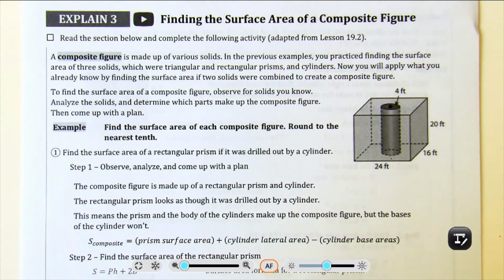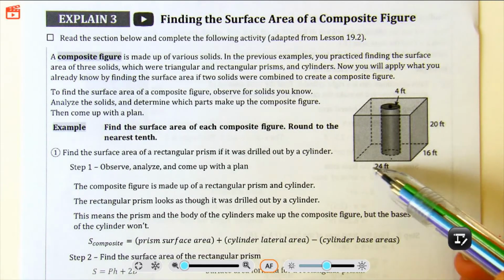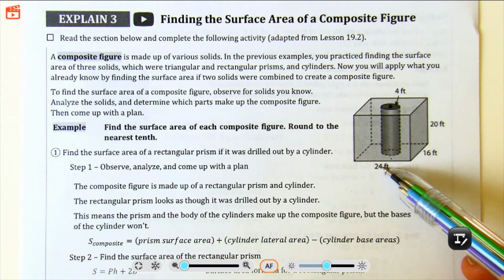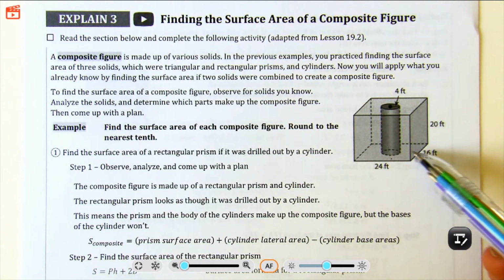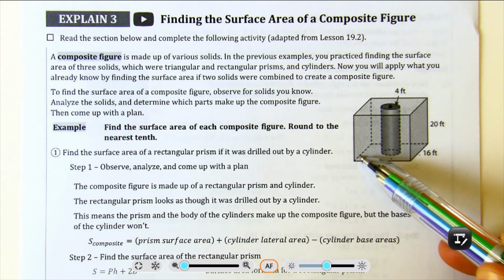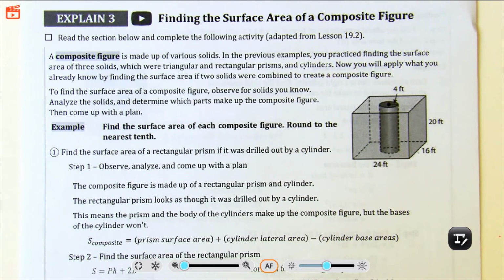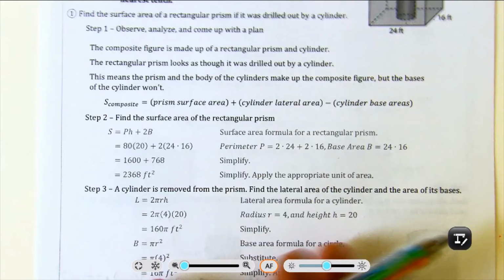Okay, so for step 2, finding the surface area of the prism. The base of the prism is a rectangle, and to find the perimeter of the rectangle, you add 24 plus 16 plus 24 plus 16. 80 is the result of finding the perimeter of the base.